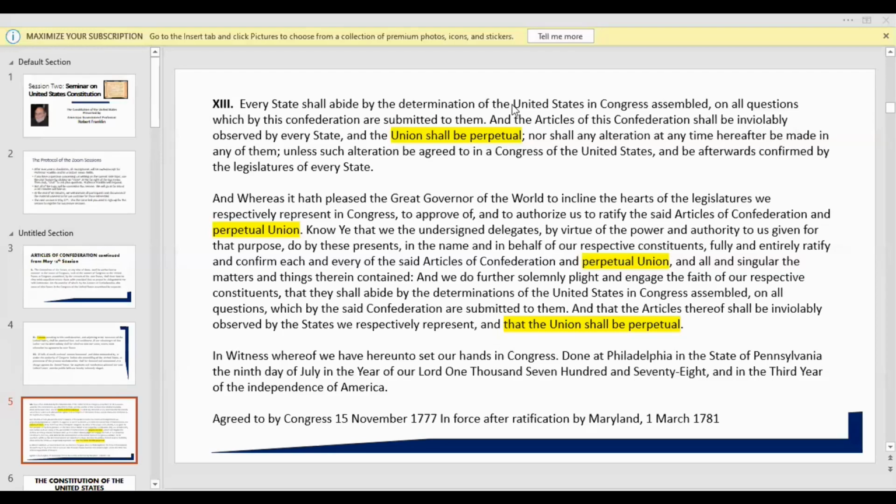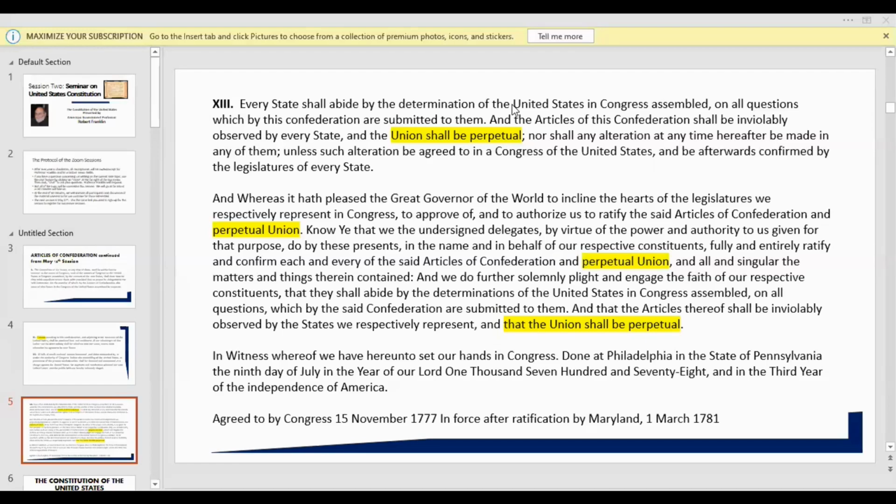Now, just I think an interesting sidelight. Imagine if this document would have survived, if it had been written better and actually functioned. Could there have been a civil war? The Union was perpetual. No states would be allowed to secede. So kind of just keep that in mind, and you will see that this document was agreed to by Congress in November of 1777.